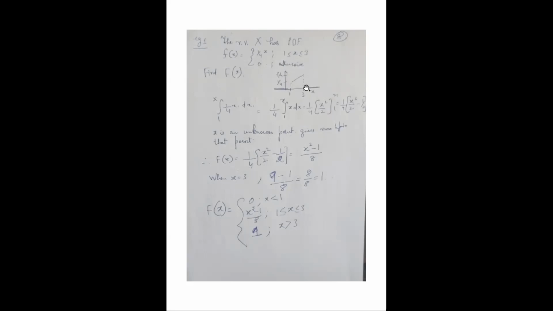Clear? Now we have to find the cumulative distribution function from this probability density function. What is the lower limit? The lower limit is 1. We will integrate this function to find the cumulative distribution function, taking the limits because below 1 it is all 0 and beyond 3 it is all 0.